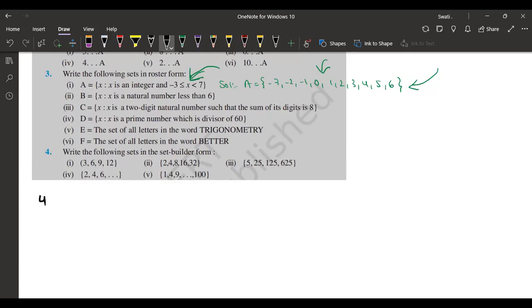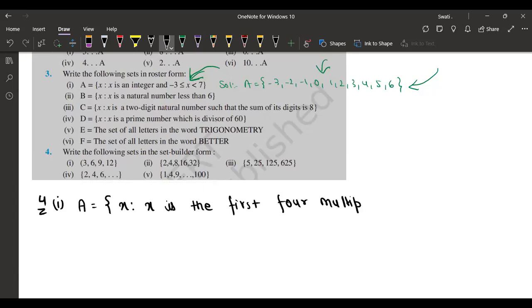For example, question number 1. It is saying 3, 6, 9, 12. Now, what do you have to do here? You need to think about what can be the answer for this. So I can simply say, let us note this as set A. Here, x such that x is the first 4 multiples of 3.